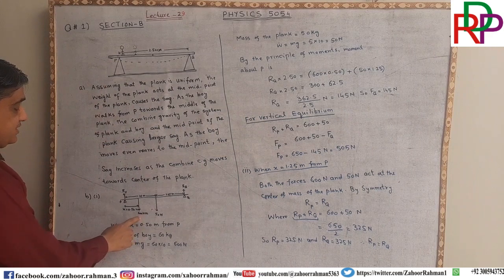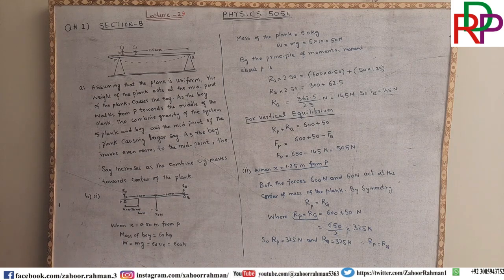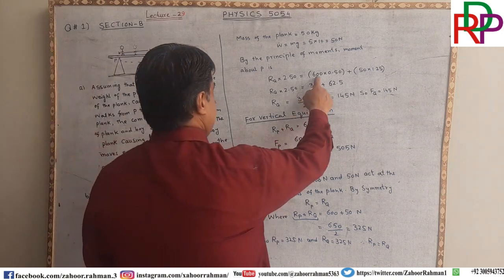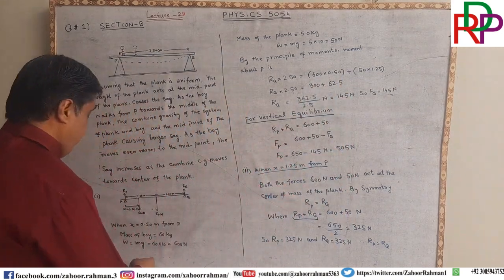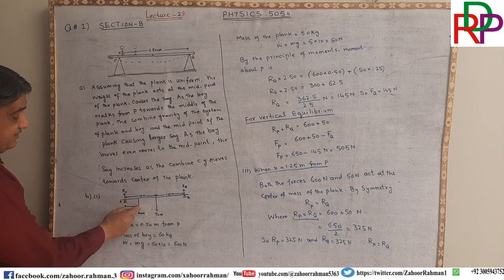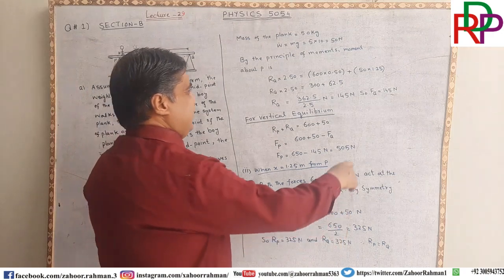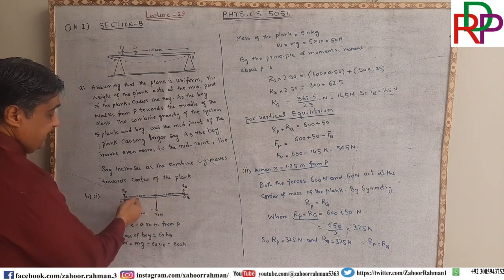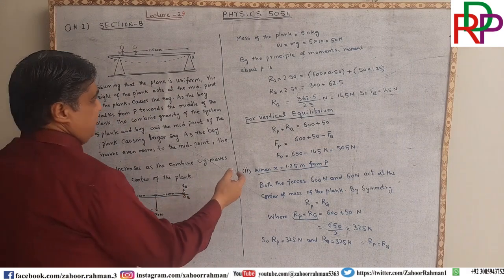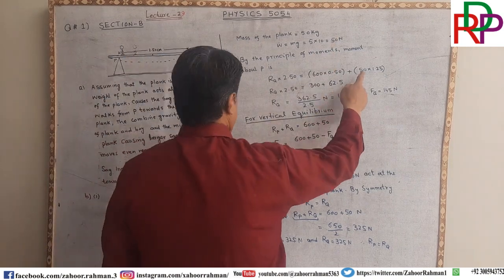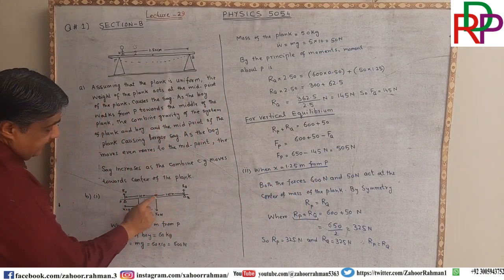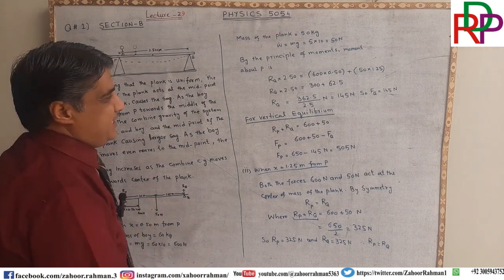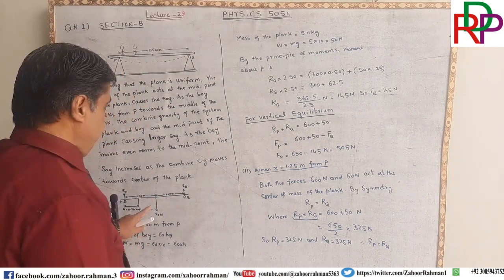And there are two. One is due to the 600 Newton, the weight of the boy, and that is 600 into 0.50 meter because it is given. And then the second one is 50, which is the weight of this plank given to us. The center of mass is at the middle point, 1.25.